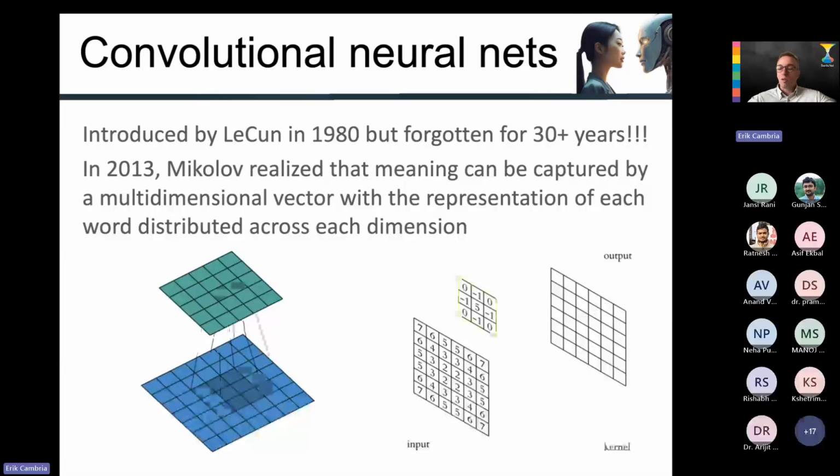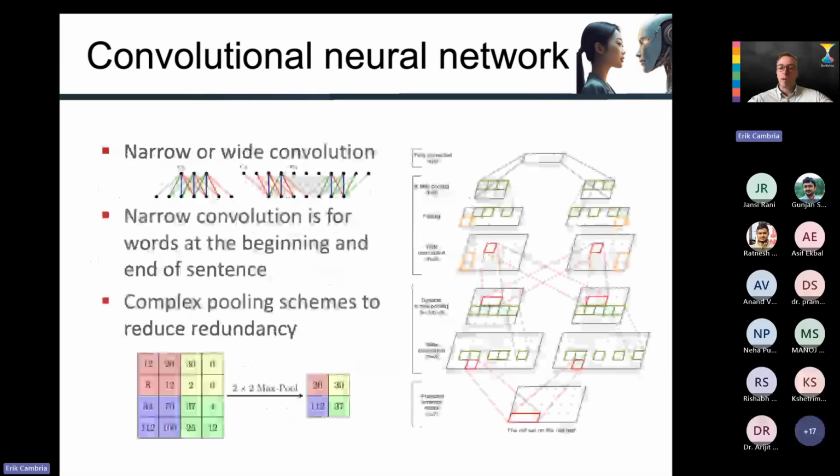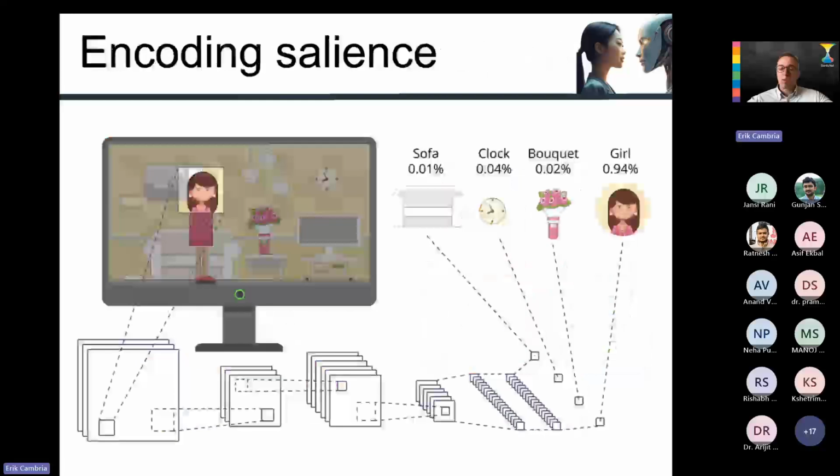But then, of course, as I do all this, I need to compress this information as I go through the document or the image, and that's why I need to do these max pooling operations. But nonetheless, this turned out to be very useful in image processing, because then for the first time we could really encode salience in images.